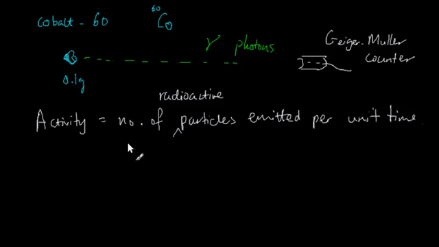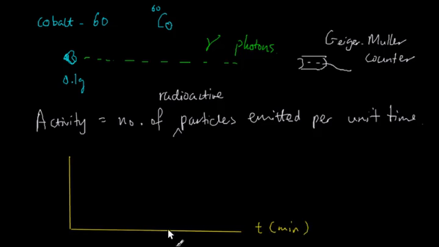So we plot the graph of this number of particles per minute. Imagine doing that. So we plot the graph against time. Let's say the time in maybe minutes. Okay, maybe not minutes. Just let's say the particles detected per minute.